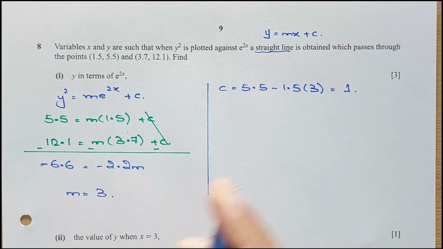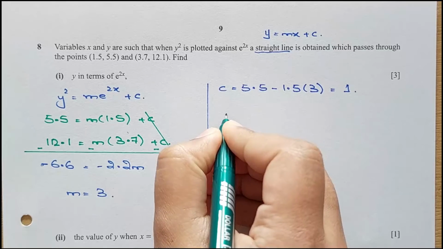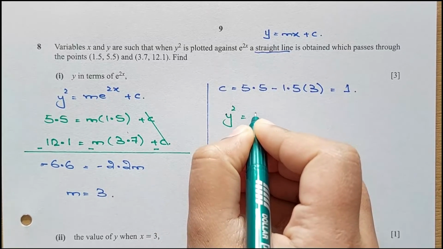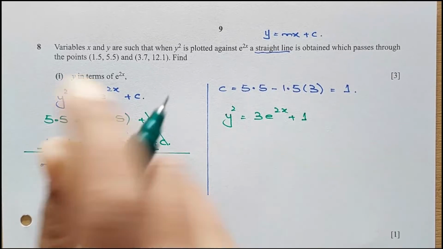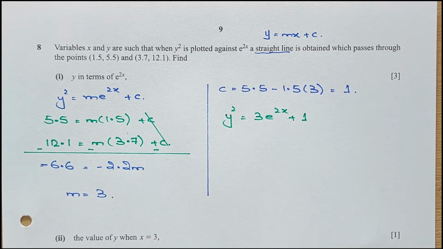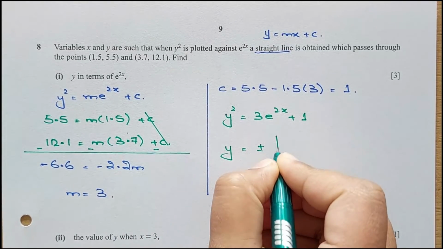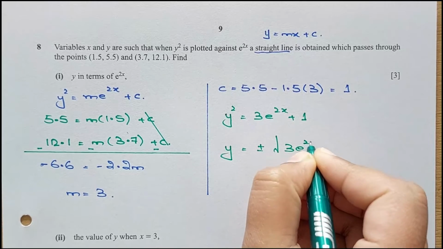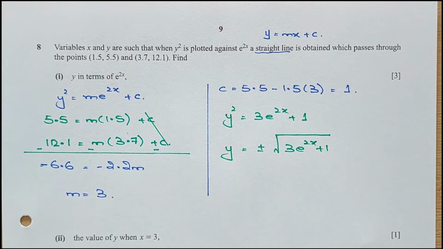Let me rewrite this equation: y square equals 3 e power 2x plus 1. We have to find y in terms of e power 2x, so we take the square root: y equals plus or minus square root of 3 e power 2x plus 1. This is y in terms of e power 2x.